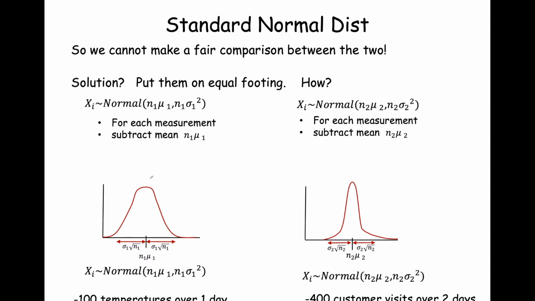Now remember, these are the distributions over that statistic that involve the sum x1 through xn, and this one is also a statistic that involves a sum x1 through xn.